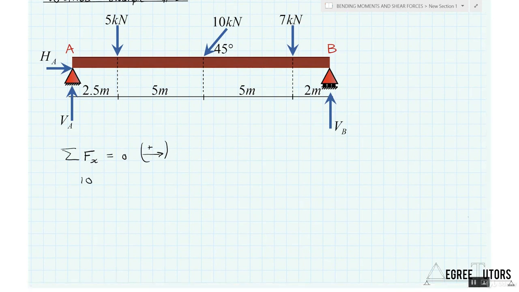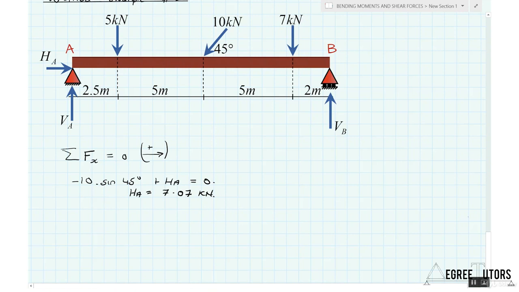It'll be negative because it's acting to the left, so negative 10 times the sine of 45 degrees plus HA must equal 0. 10 times the sine of 45 degrees is 7.07, and if I bring that negative over to the far side, I have HA equal to 7.07 kilonewtons. Straight away we've worked out what HA is.